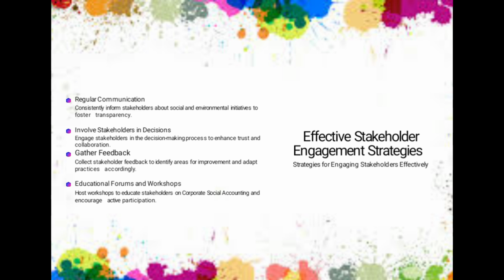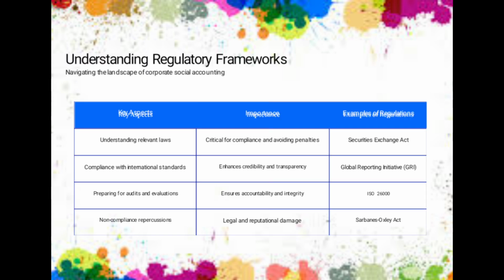It is an important one. Collect the stakeholders' feedback to identify areas for improvement and adapt practices accordingly. Educational forums and workshops. Host workshops to educate stakeholders on corporate social accounting and encourage active participation.